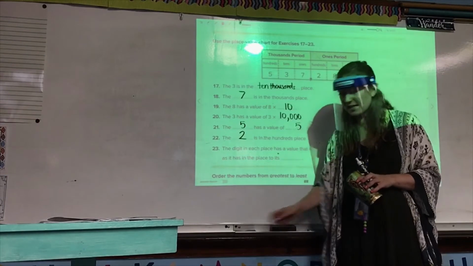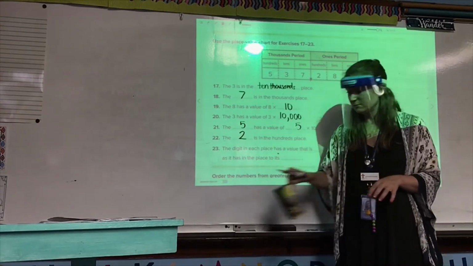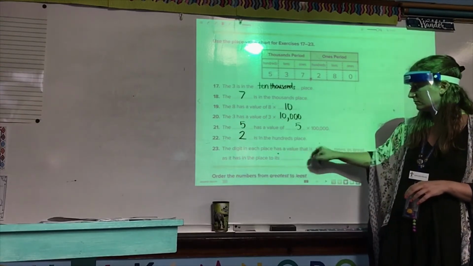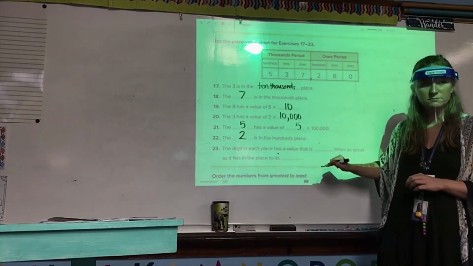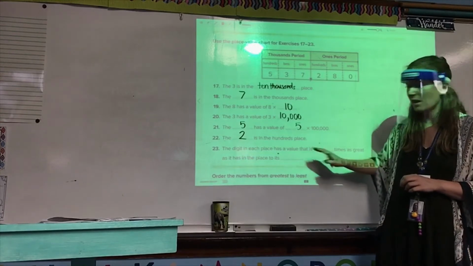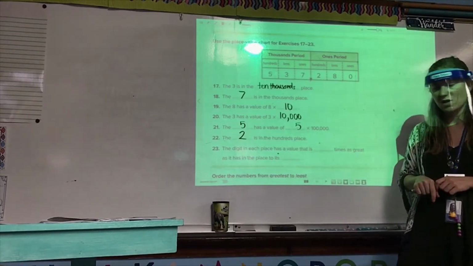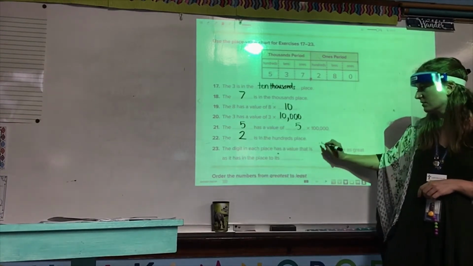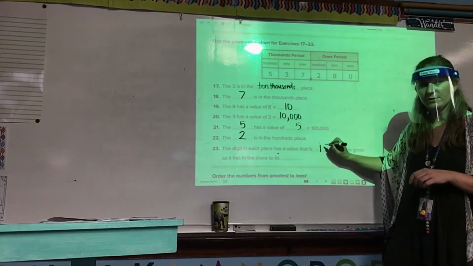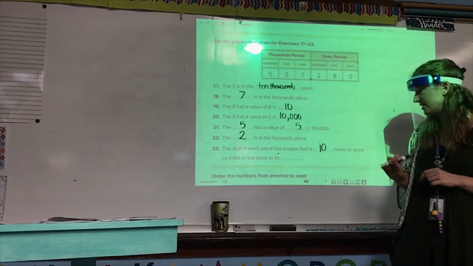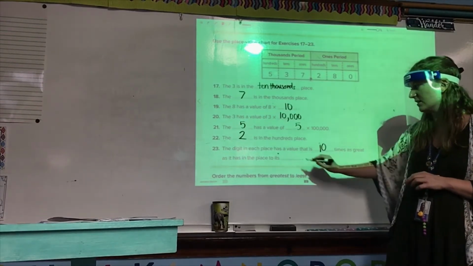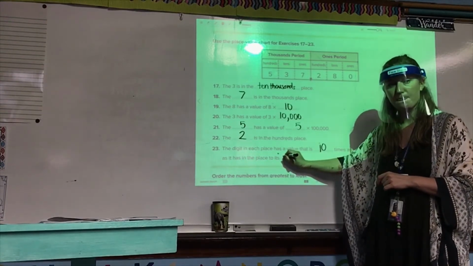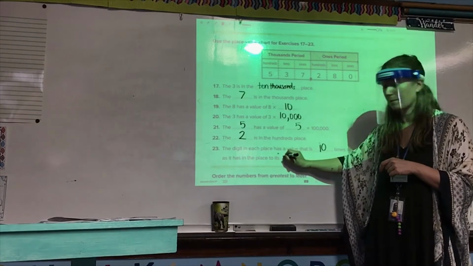Colin, what is the underlined sentence? A digit in each place represents 10 times what it would represent in the place to its right. That is almost the exact same words. So, the digit in each place has a value that is 10 times as great as it has in the place to its right.